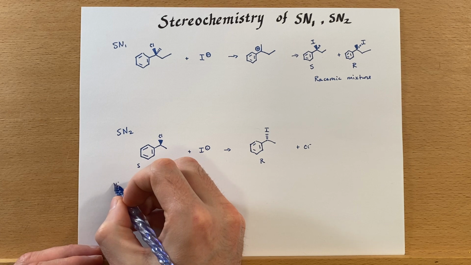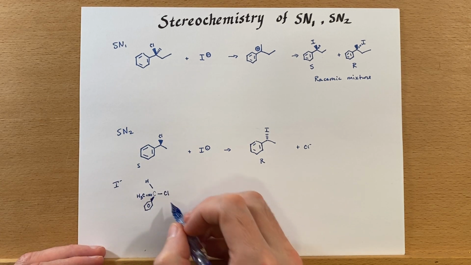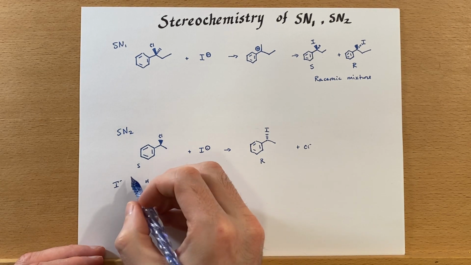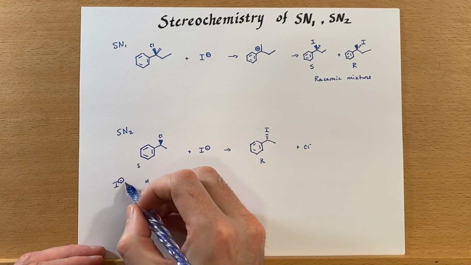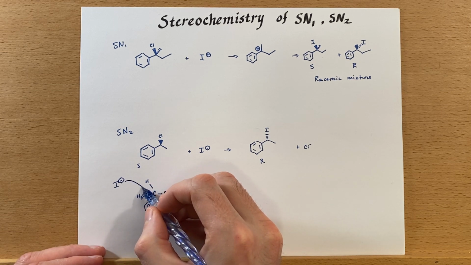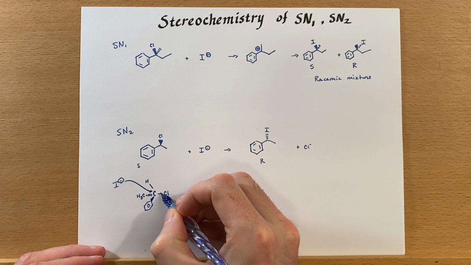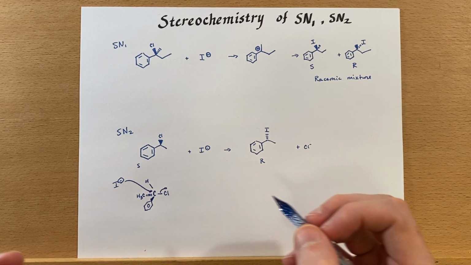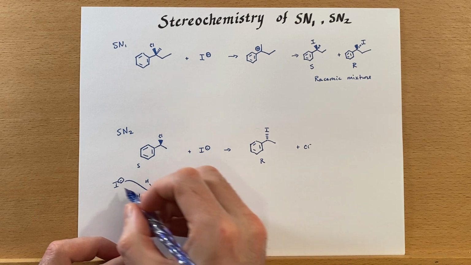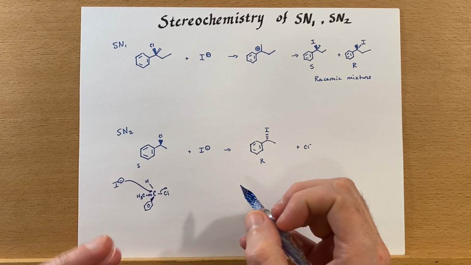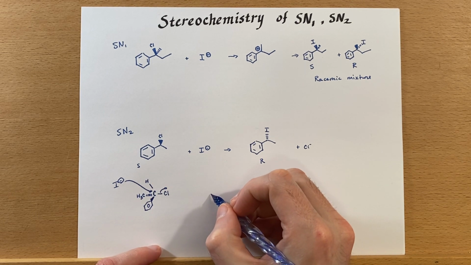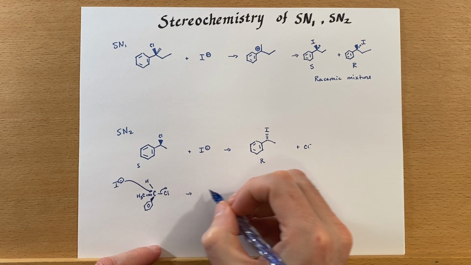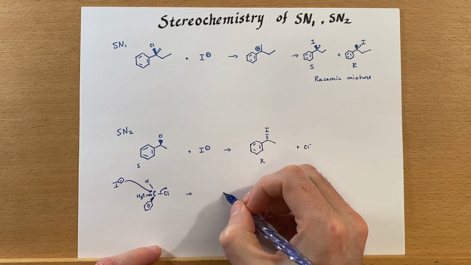So our iodine is over here, and it is going to do what's called a backside attack. And the chloride is going to leave. Now, we're going to have a transition state here where the iodine and the chlorine are kind of in the middle here. So I'm going to draw that transition state.